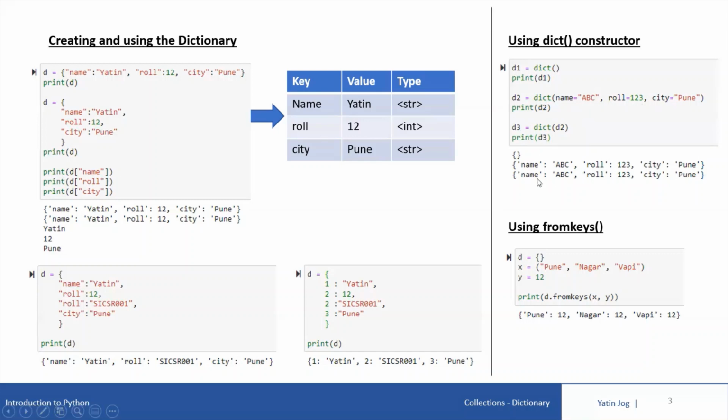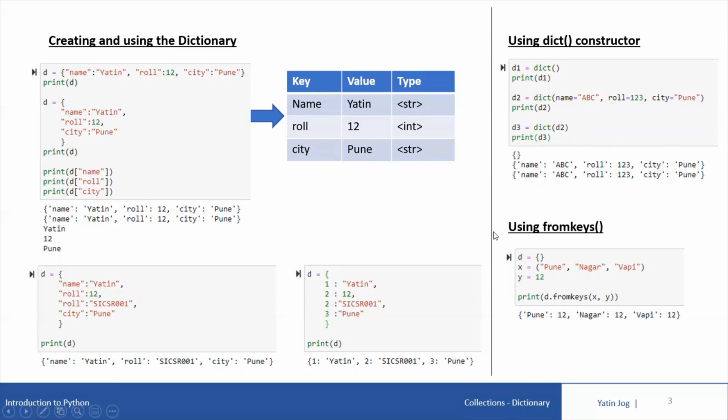So if I say print D3, D3 will print the same key value pairs as D2. The whole content of D2 is getting copied into D3. While creating D3, the constructor is considering all the key value pairs of D2. So this is another way to create a dictionary object using the dictionary constructor.